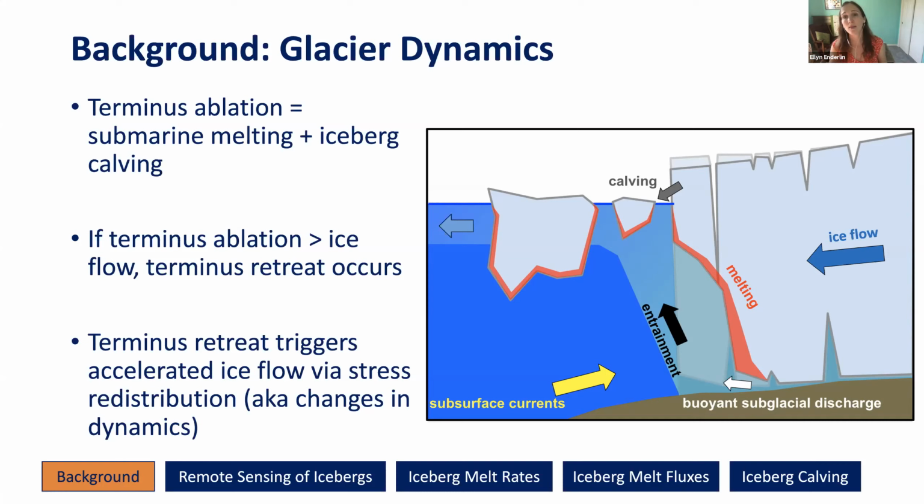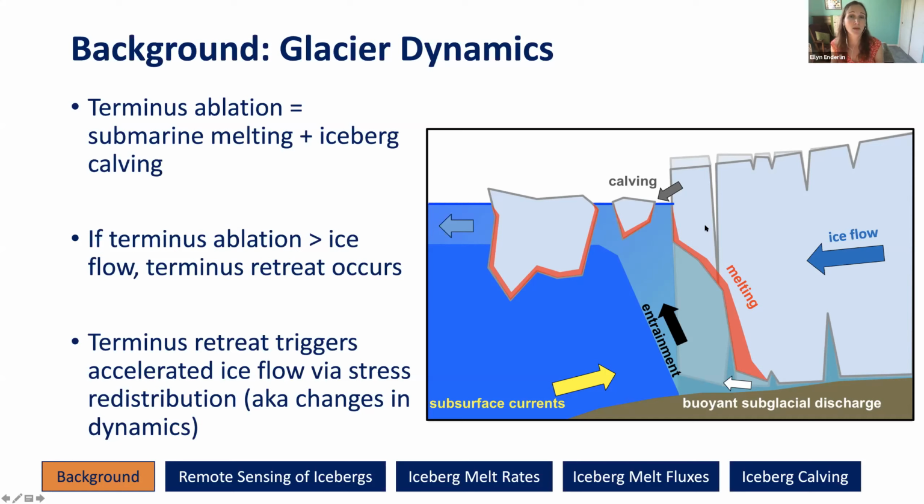And when that water comes out at the terminus, it draws in this warm, salty ocean water that's at depth, these subsurface currents here. And that causes melting in all these places, what you see in red. We can also just warm the ocean, and that would accomplish the same thing. And in either case, we start undercutting the glacier here, and again, that influences calving.